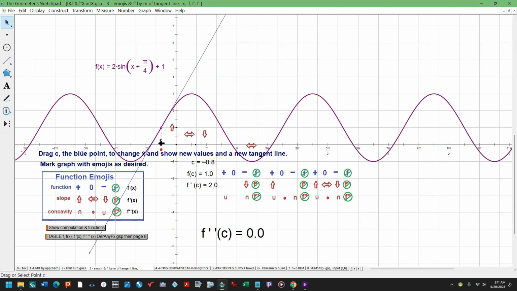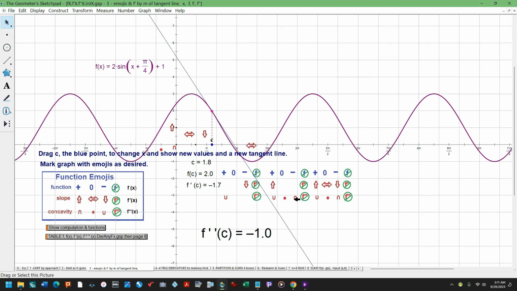If I can move it again, let's try it. Now the second derivative is negative. That means concave down. Move it some more. Still concave down, still concave down. All of this is concave down.